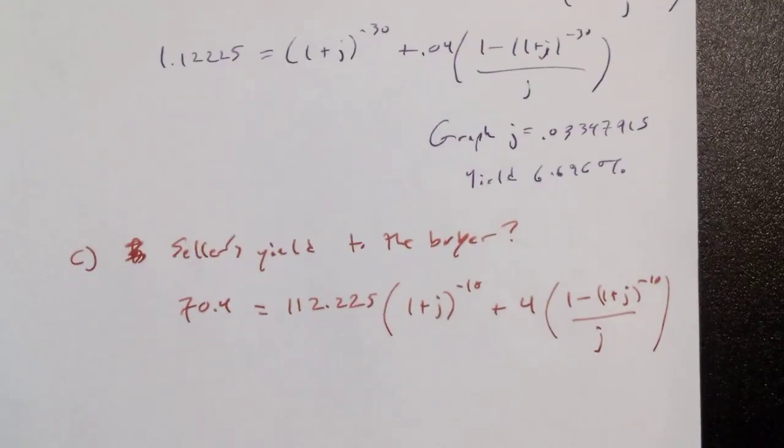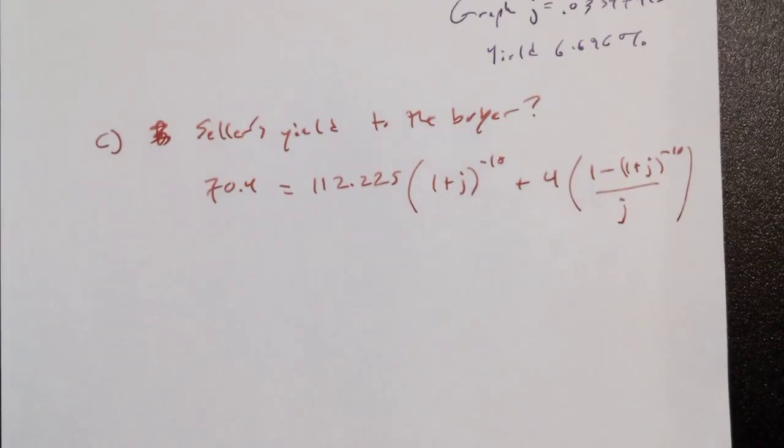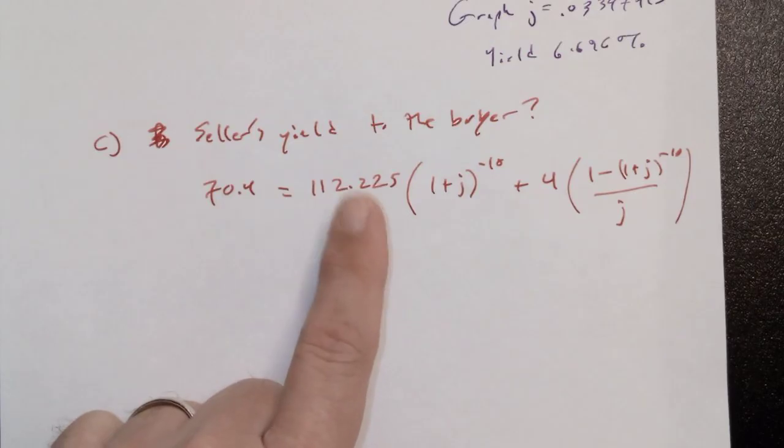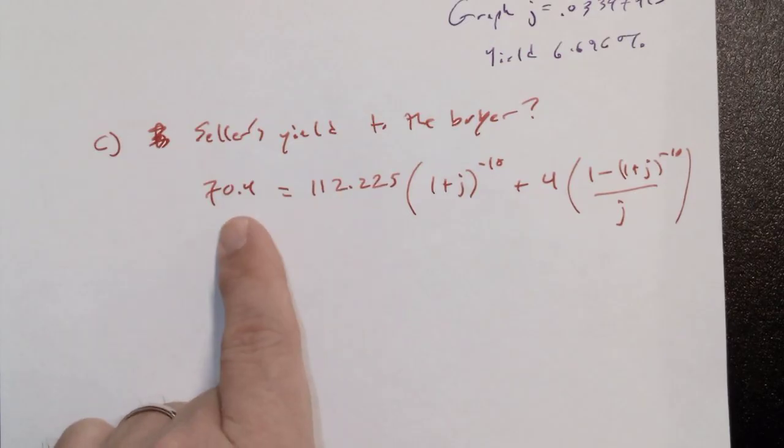So there's the same equation, only this time there's no 100 involved because I made the price what they paid for it, 112.225, as opposed to what I paid for it. Sorry, I made the value 112, and that's what I paid.